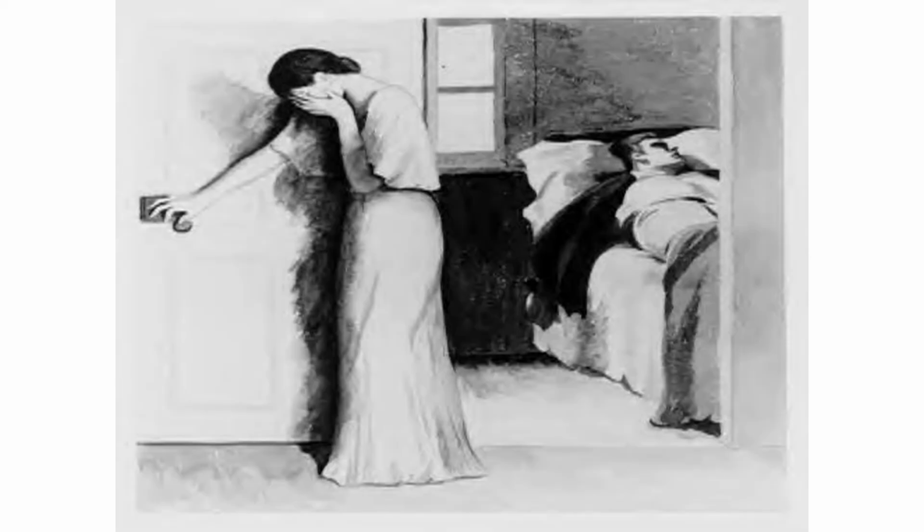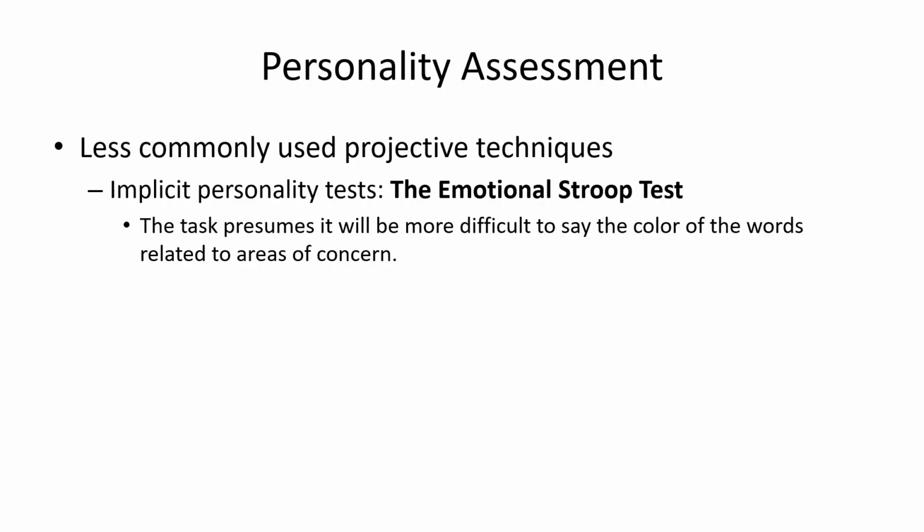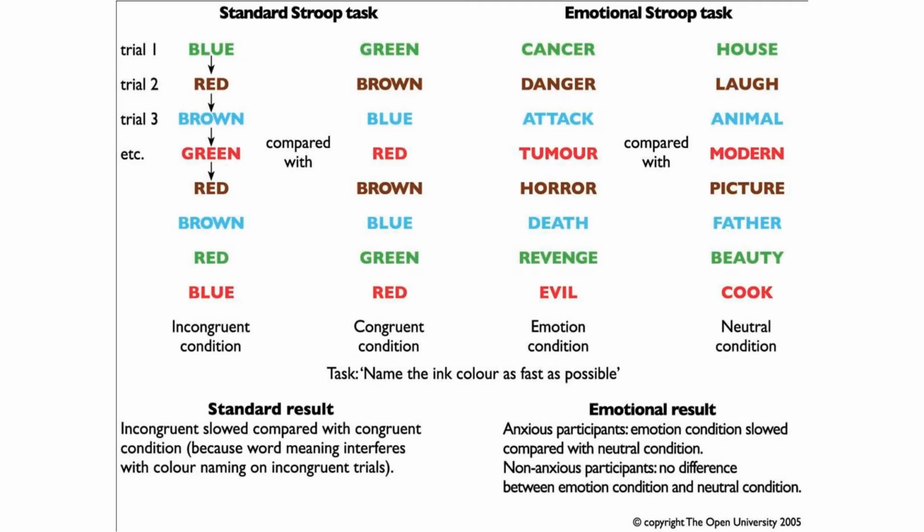With this one, right, you tell the story that she comes home, her boyfriend OD'd, and then the clinician asks, oh, have you ever lost somebody to an overdose, right? These are stories that you could come up with, they all could come up with stories like this, and there's no actual evidence that we've experienced those things, so it's a little bit scientifically invalid. All right, the emotional Stroop test looks like this, right?